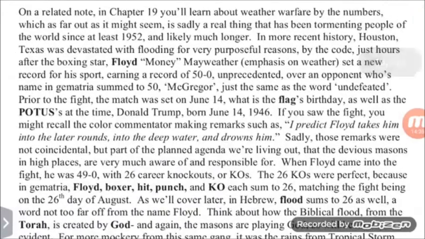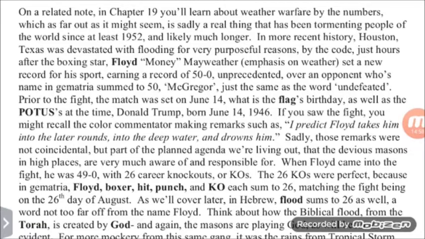On a related note, in Chapter 19, you'll learn about weather warfare by the numbers, which, as far out as it might seem, is sadly a real thing that has been tormenting people of the world since at least 1952, and likely much longer. In more recent history, Houston, Texas was devastated with flooding for very purposeful reasons by the code.